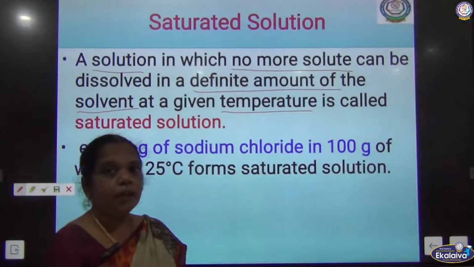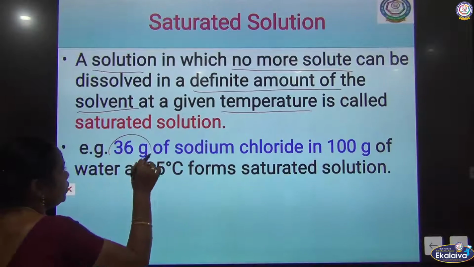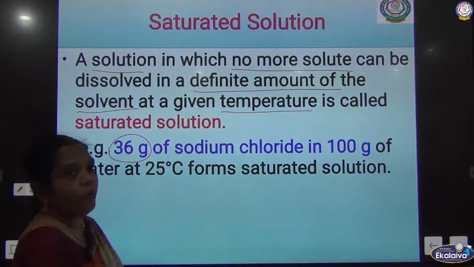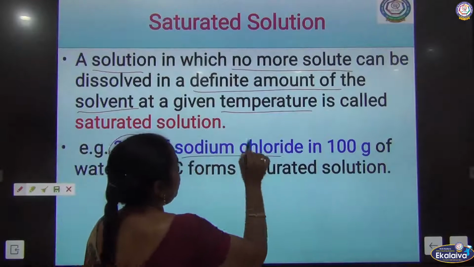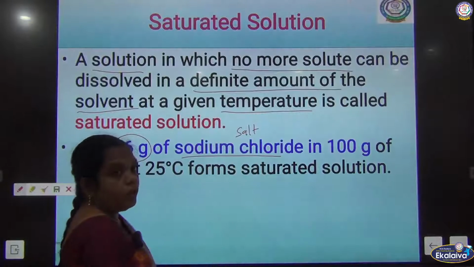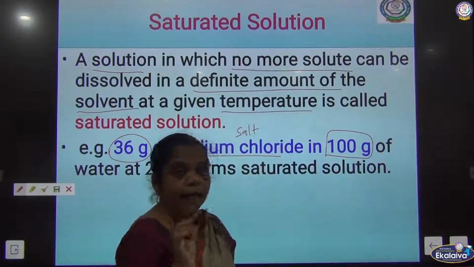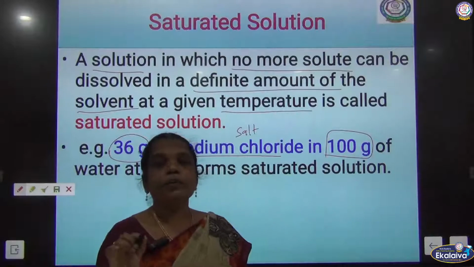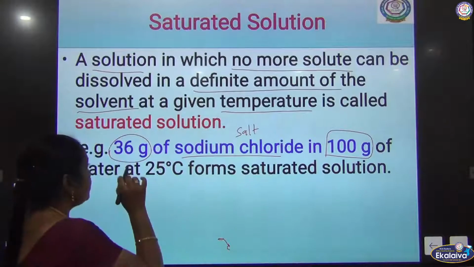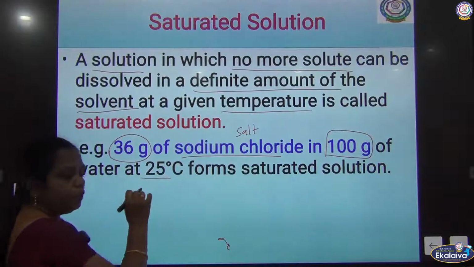For example, we can dissolve 36 gram of sodium chloride. Sodium chloride is nothing but salt. In 100 gram of water we can dissolve 36 gram of salt at room temperature.